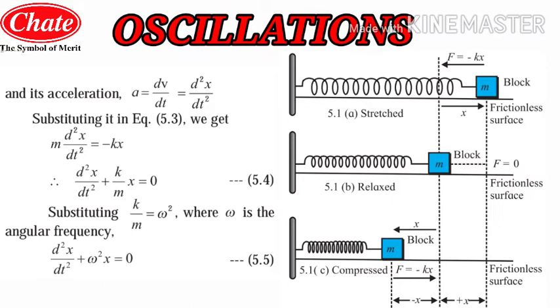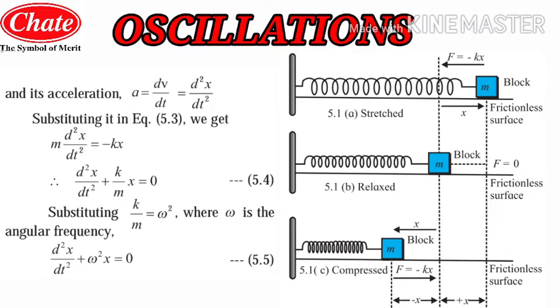Now we will put this value of a into the above equation, and ma equal to minus kx will become m into d square x upon dt square equal to minus kx. Now we will rearrange the terms: d square x upon dt square plus k upon m into x equal to 0.